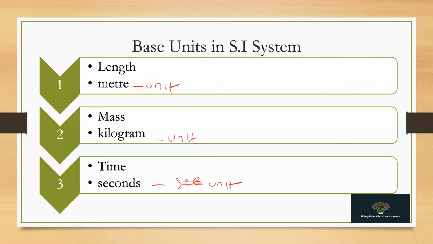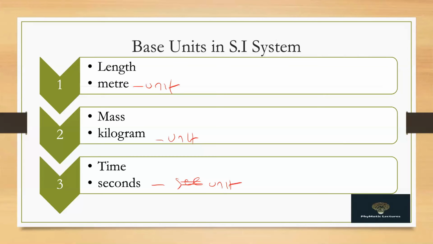So 1 meter is defined as the distance traveled by light in 1 divided by 3 into 10 to the power of 8 second. That's how they define the 1 meter unit. Similarly, if you do some research, you'll find interesting facts about how they define kilogram and second. Anyway, we have defined 3 basic units, right?